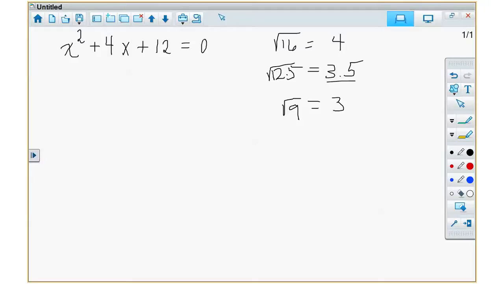And you know it doesn't cross the x-axis, so you know it's a floater. What's a floater? Well, it's a parabola that's floating. It's either out there, or out here, or out here. It's floating. It doesn't cross the x-axis.